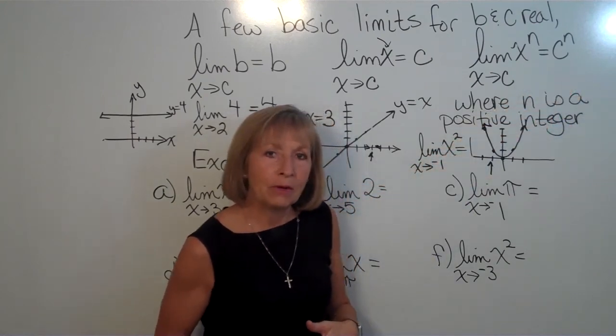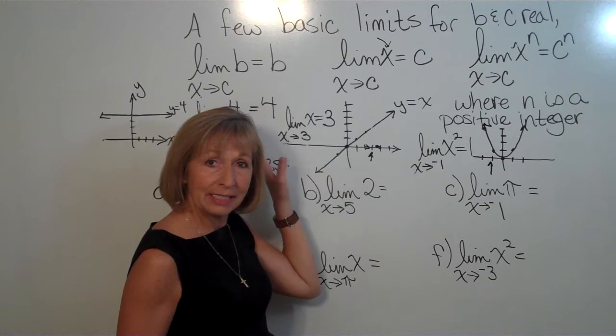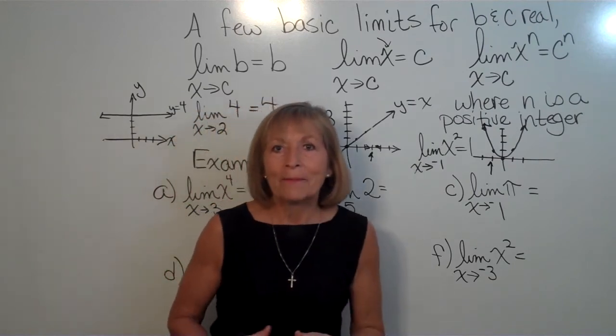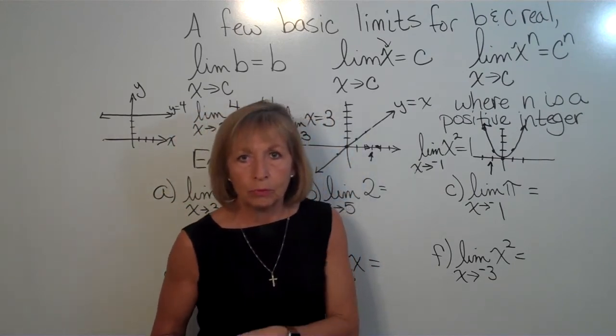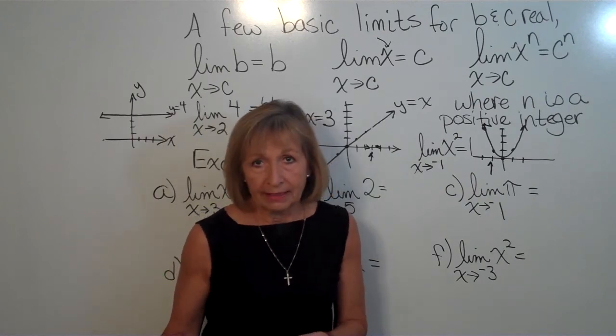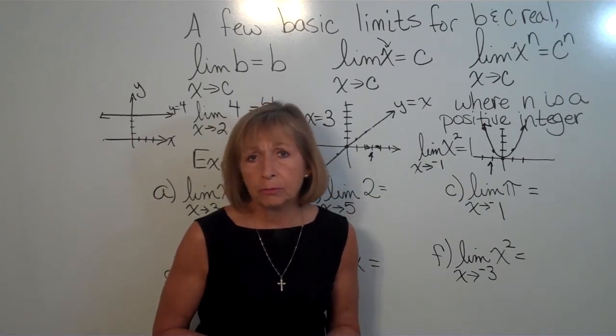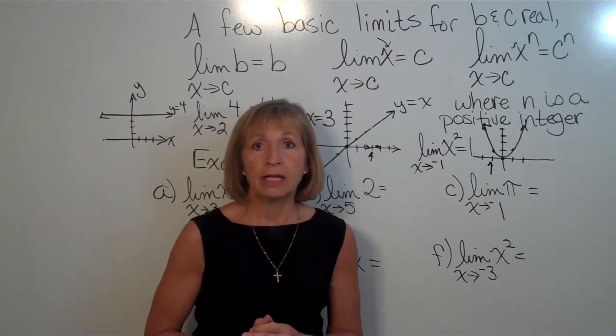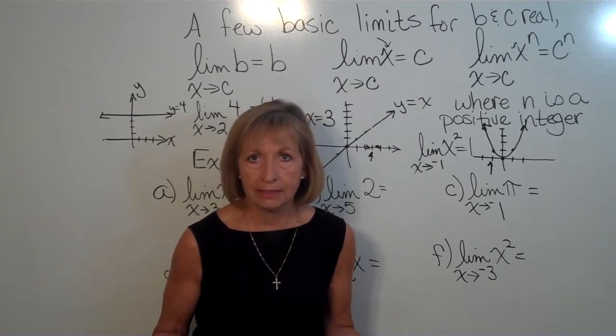Now that we have those, and we've looked at graphically why it makes sense that those are the rules, here's the thing. We know we can always go graphically, but if the y's aren't approaching an integer value, then it might be hard for us to see what it would be.